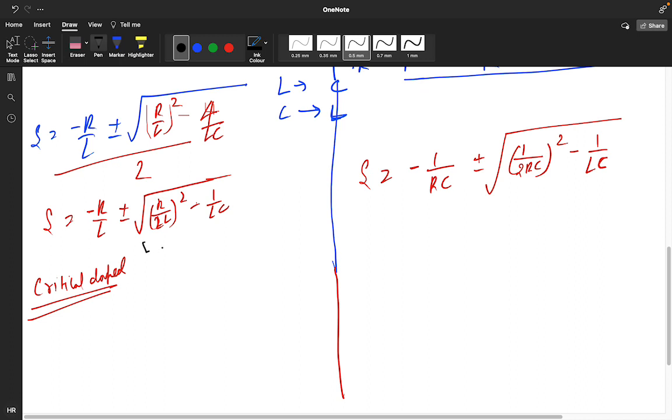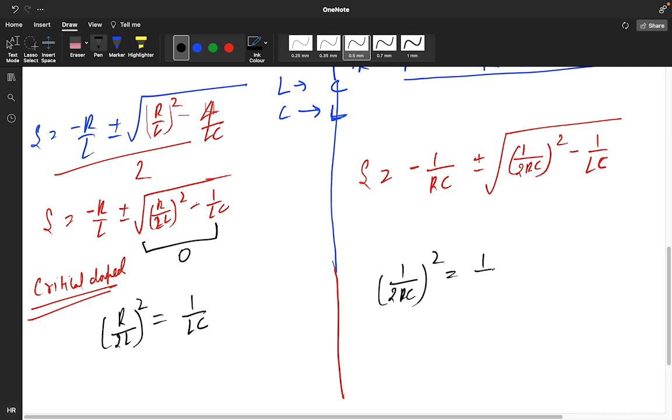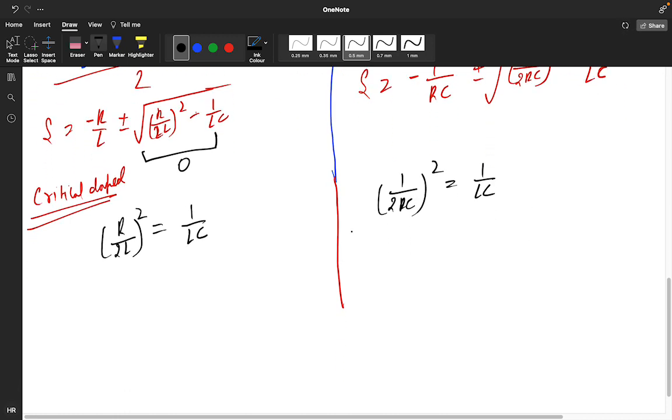When this term is 0. And how can this term be 0? If R by 2L the whole square is equal to 1 by LC. In the parallel case, when 1 by 2RC the whole square is equal to 1 by LC, the term becomes 0. And this is for critical damping.